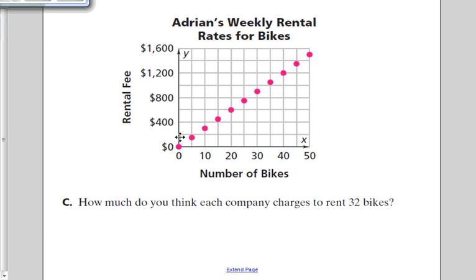So if we make a line over, that's just a little less than $200, maybe 190 it looks like. If we go on to 10, looks like about 350, maybe 300 exactly, because that's between 200 and 400.